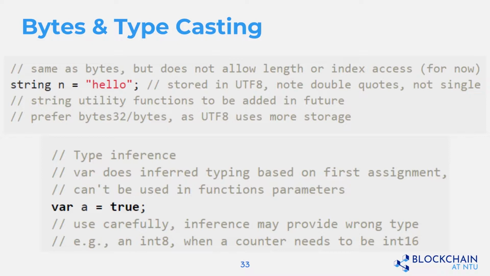The reason why string is more expensive than bytes is because of the encoding. Encoding is how we represent, for example, the alphabet letters A to Z, or Chinese characters, Japanese characters. Usually you're using UTF-8, which is one of the encoding schemes, and that basically takes much more, I think 16 bytes or something, to store one character.